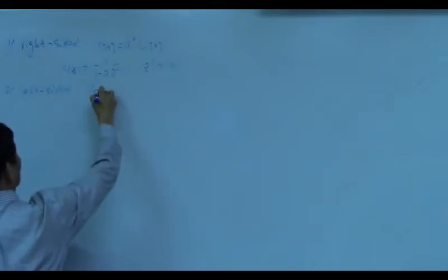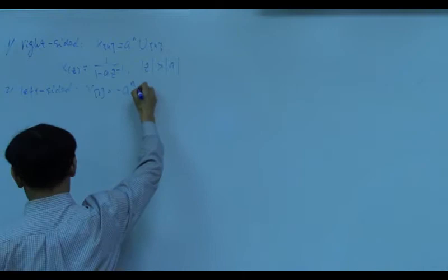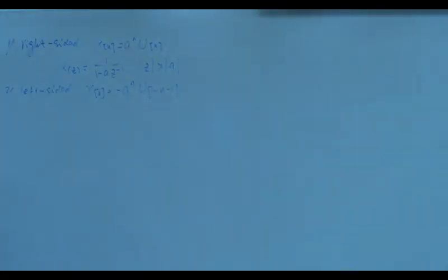And today we are going to discuss another one, a left-sided sequence, and x[n] equals minus a to the n times u[-n minus 1]. We are going to discuss this.